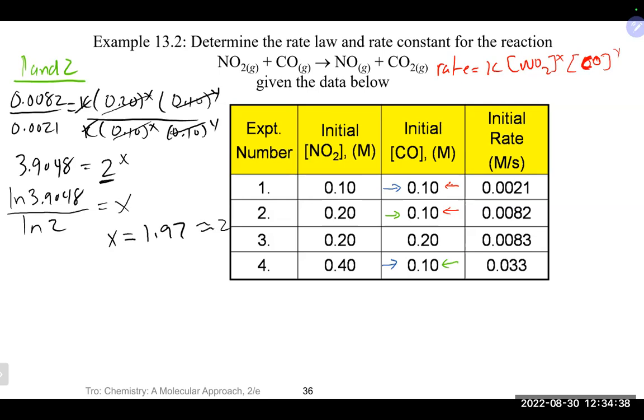Now, if I chose my other option there, 1 and 4 instead, put in our numbers for 1 and 4.